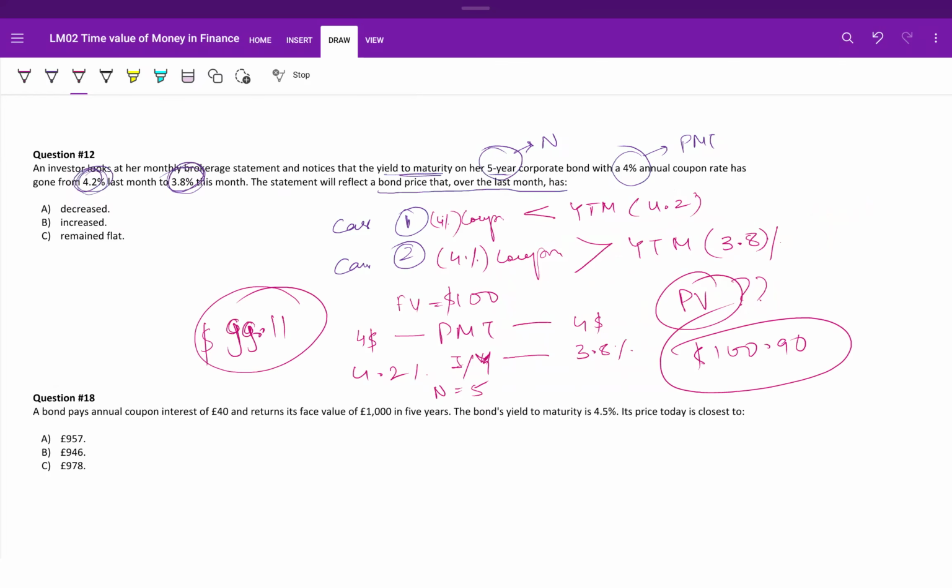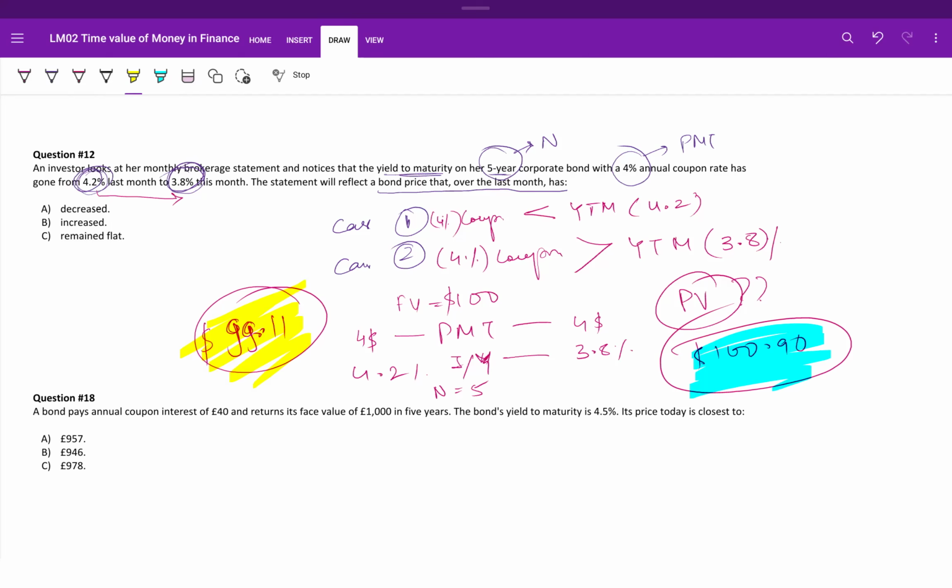The statement was asking what the bond price has done over the month. So the bond price, with the decrease in yield to maturity, has actually increased here. Because of the change in the yield to maturity, the price of the bond has increased.